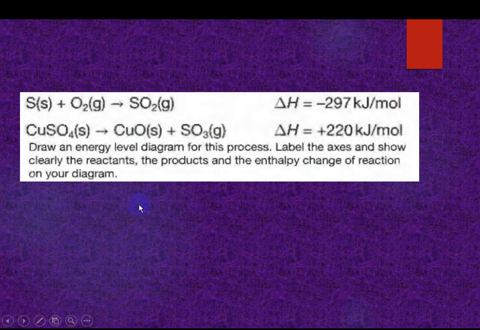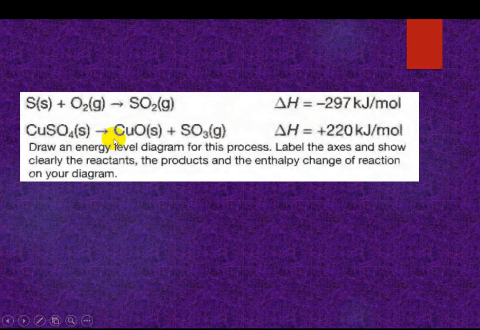Okay, look, this is a question problem. Draw an energy level diagram for this process. There are two reactions. The first is sulfur and oxygen forming sulfur dioxide, delta H is negative 297 kilojoule per mole.